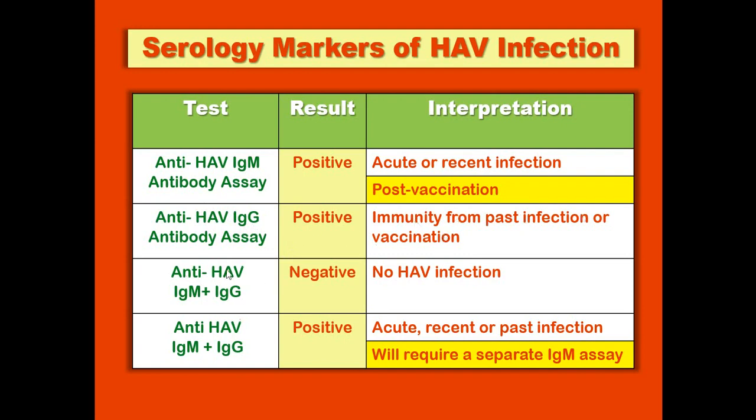If both of them are negative, this means no infection, or as we say, early in the disease. And if they are positive for IgM and IgG, this means acute or recent or past infection. And if we want to differentiate, this requires a separate IgM assay.